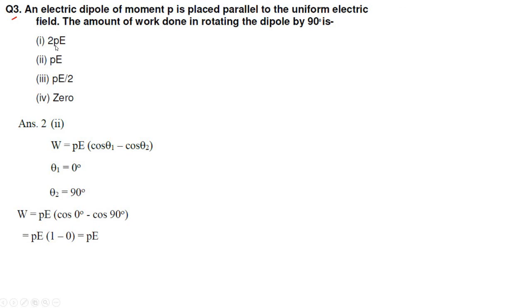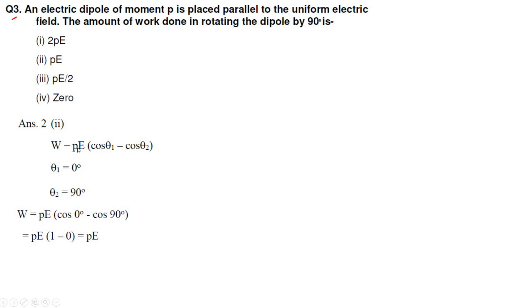Here P is the electric dipole moment and E is the uniform electric field. We have to find the amount of work done and check which of the 4 options is correct. The answer for question number 3 is option 2.